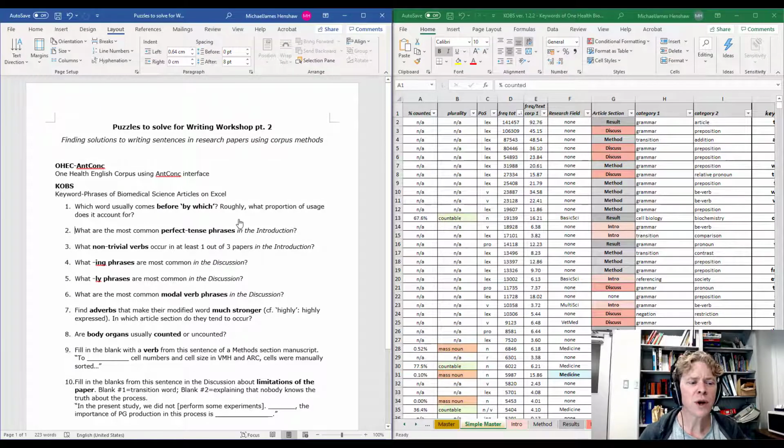Number 2, what are the most common perfect tense phrases in the introduction? So perfect tense would be "has been doing", or past perfect tense is "had done", something like that. Well, if we're only going to search in the introduction, let's say we're writing the introduction part of our paper, we should just search the introduction then.